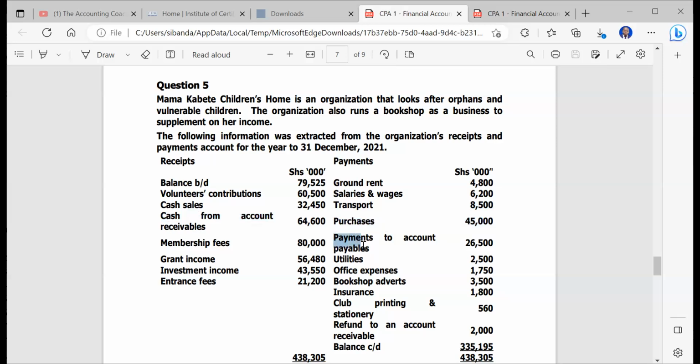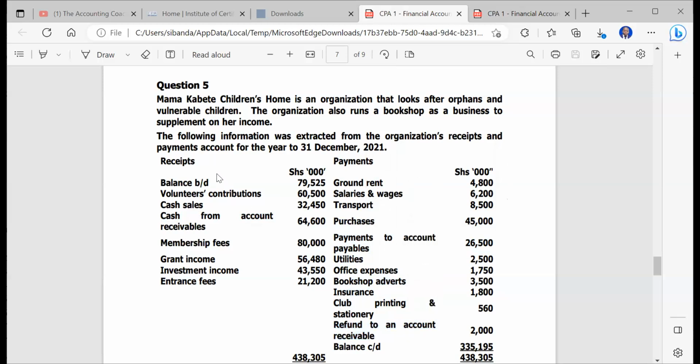Then we have payments to accounts payable. This is also very similar to the bookshop as well. Then we have utilities. We have office expenses. We have bookshop adverts. We have insurance. We have club, printing, and stationery. Then we have refunds to accounts receivable and so on.